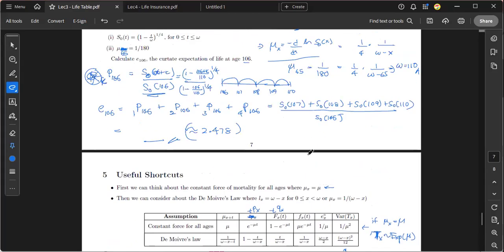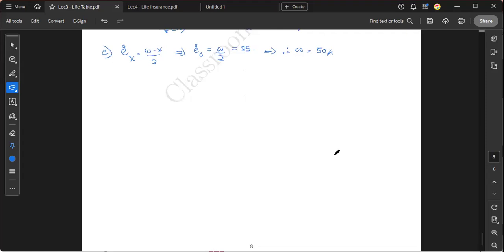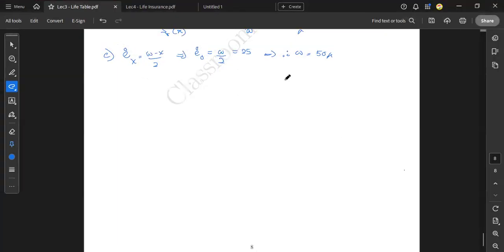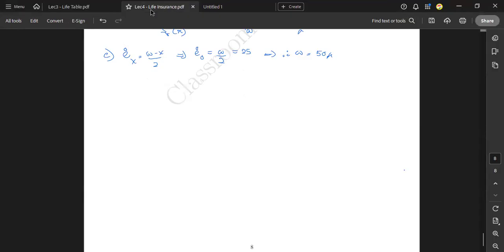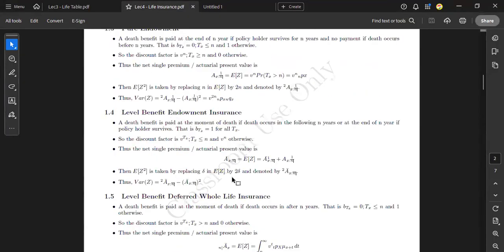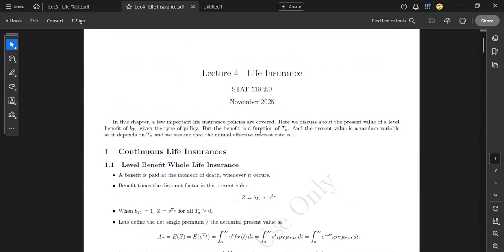So that is the end of chapter 3, and we can move on to the life insurance part.